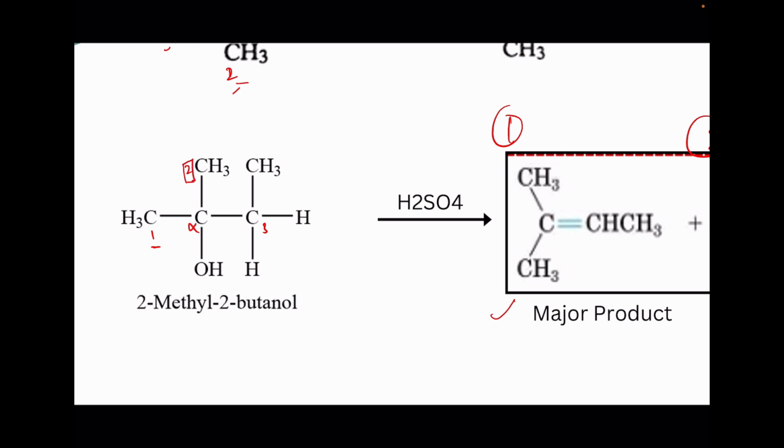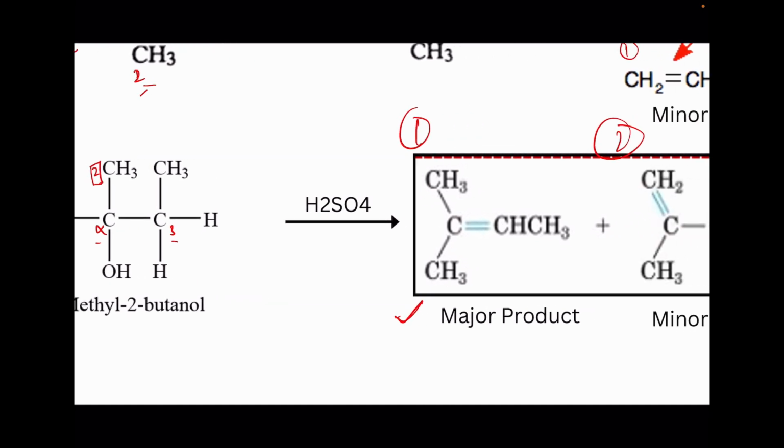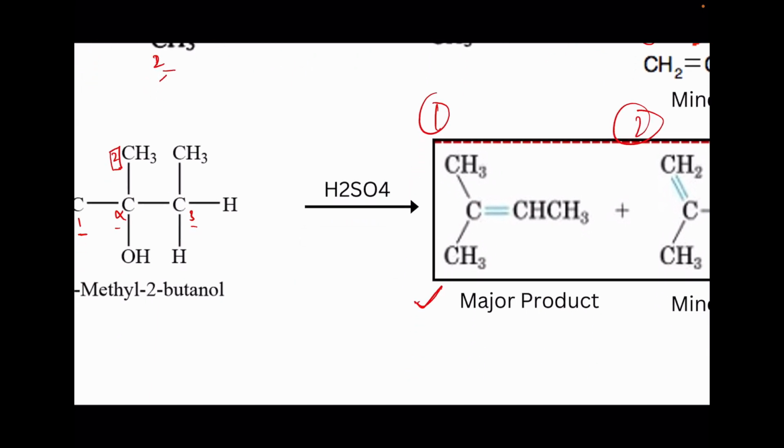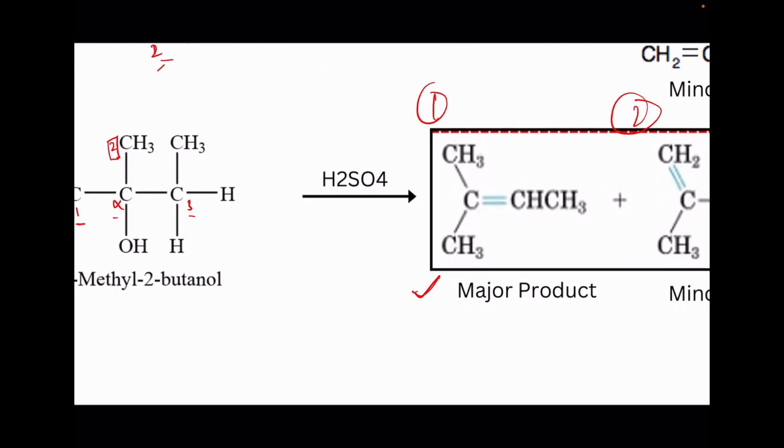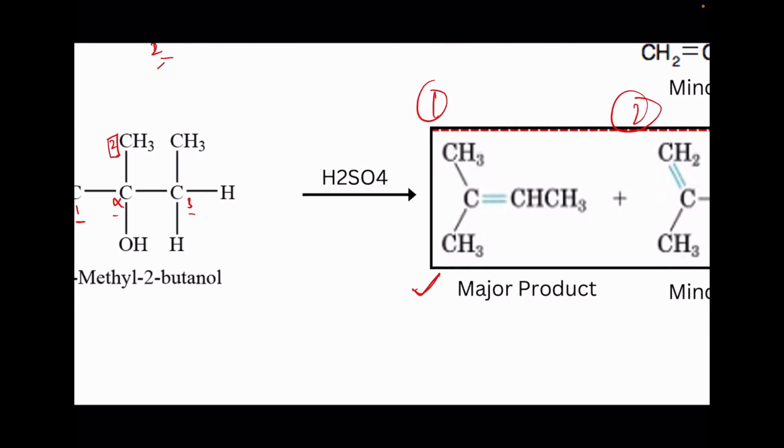When the alpha carbon forms the double bond with carbon number 3, it will be the major product. Why? If you look at the structure, at the C=C it has 1, 2, and 3 alkyl groups attached. That's why it becomes the major product.